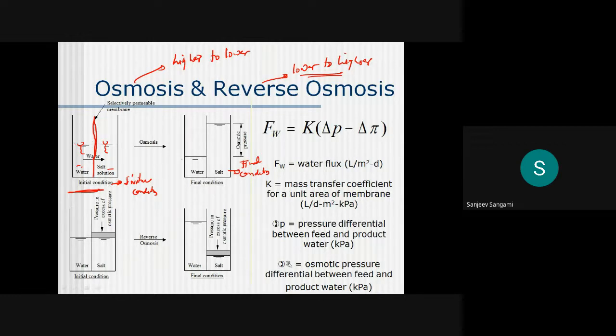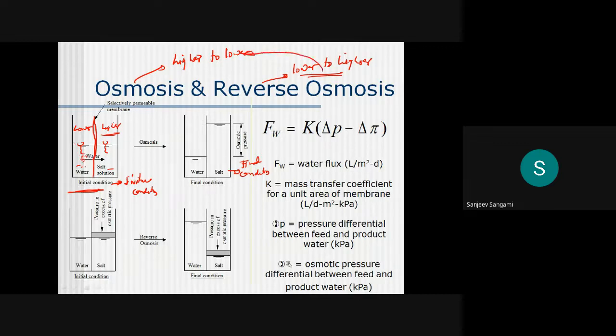Okay. So when the osmosis process starts, the movement will start from the lower concentration to the higher concentration. Suppose if any ions are there, you can reverse this.